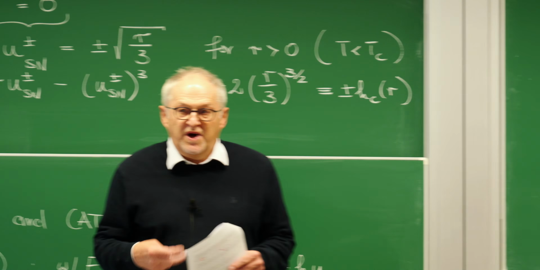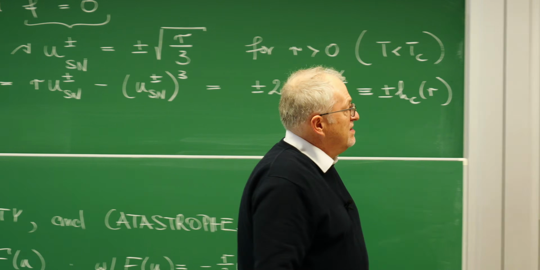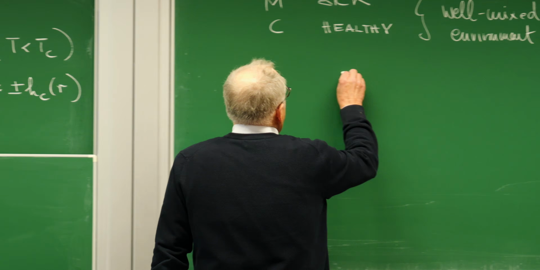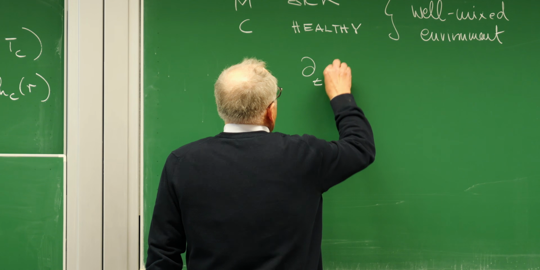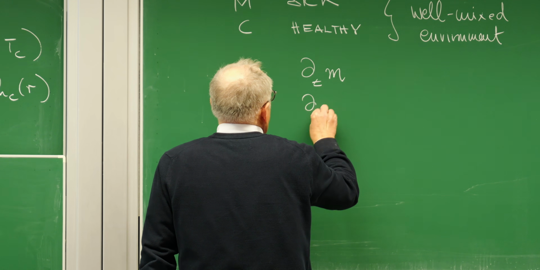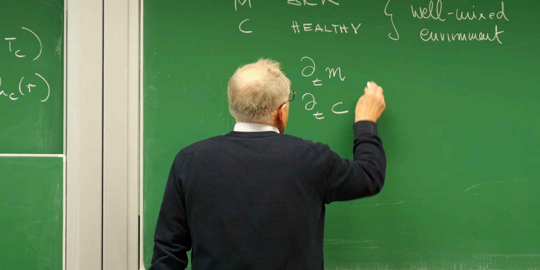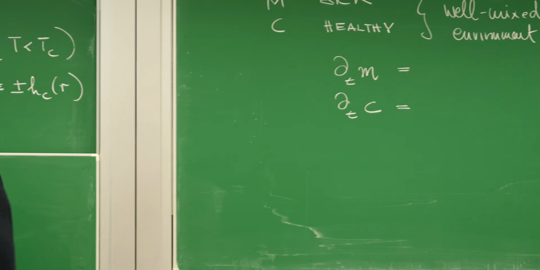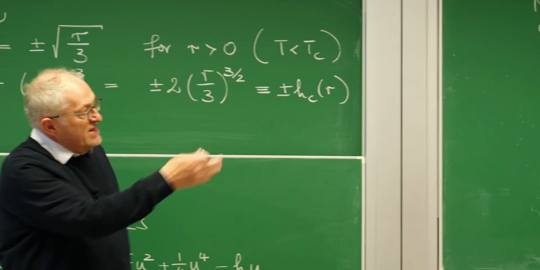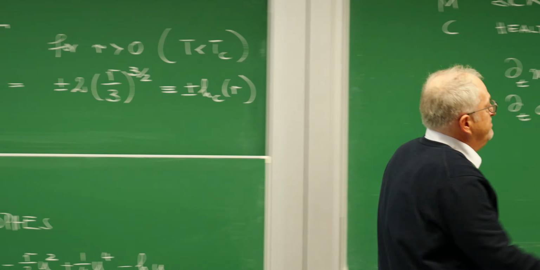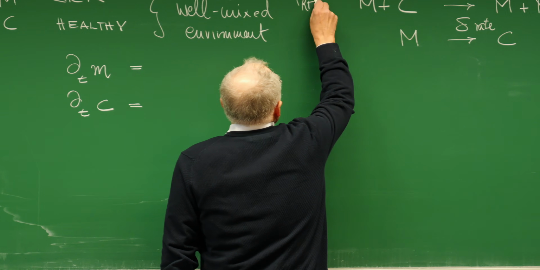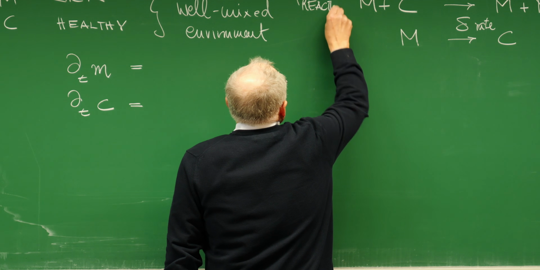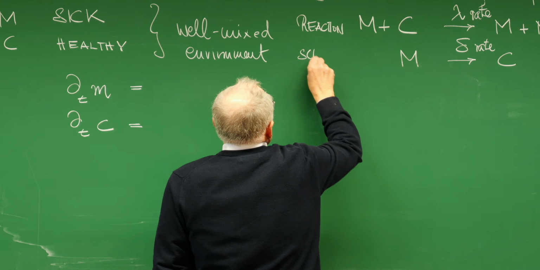Now, how would you write an equation for that? Well, you just write down an equation for the density, the number density of your sick and your healthy individuals, and you translate this reaction scheme. This is what it is. It's a reaction scheme.